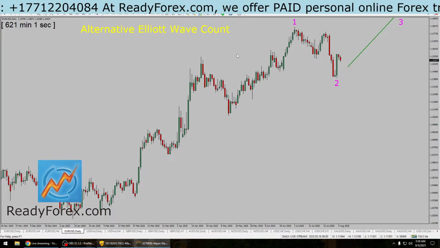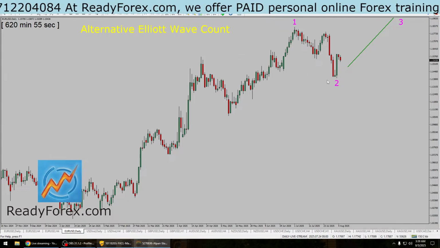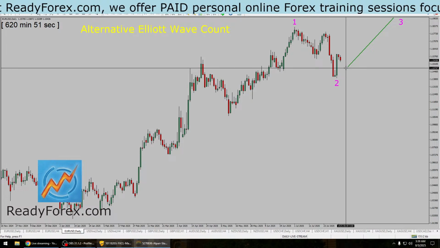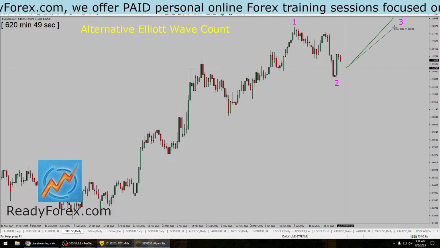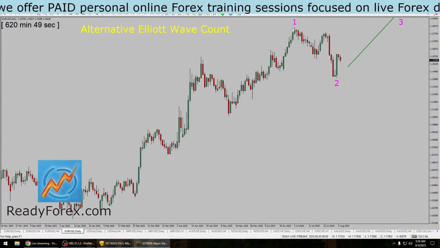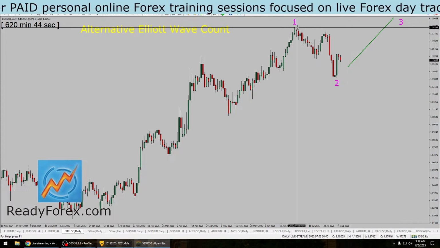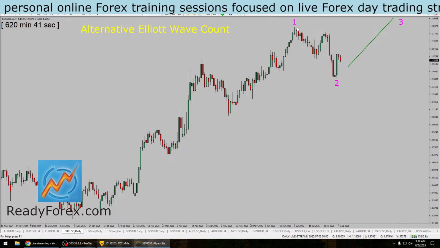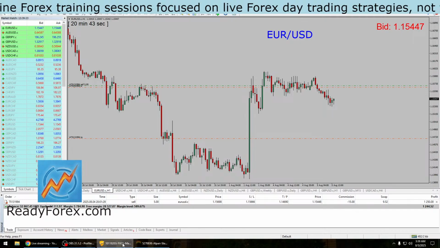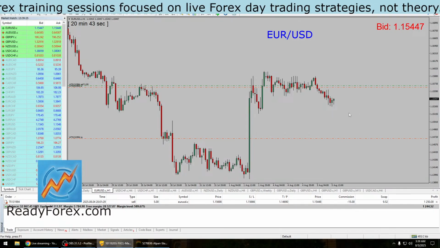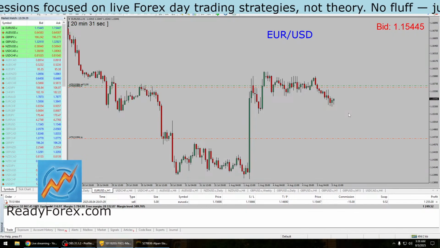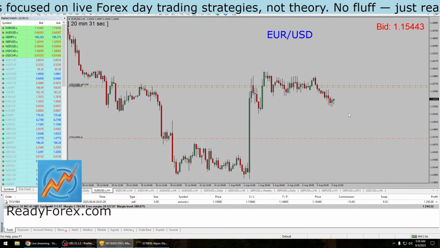Now this is the alternative Elliott wave count, which suggests that the market isn't going to drop, and euro dollar is going to rise from current levels, and we might get a new high and a bullish breakout in the coming trading days. So this is also quite possible. When you are trading, you need to deal with different market situations, especially when a trade is open.